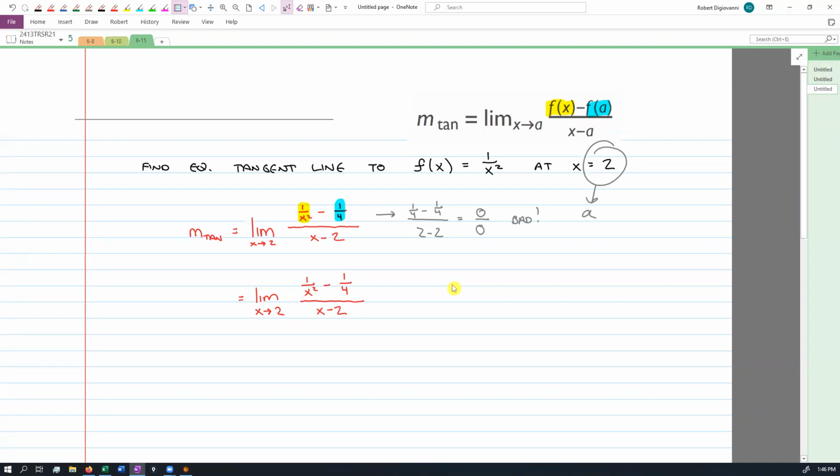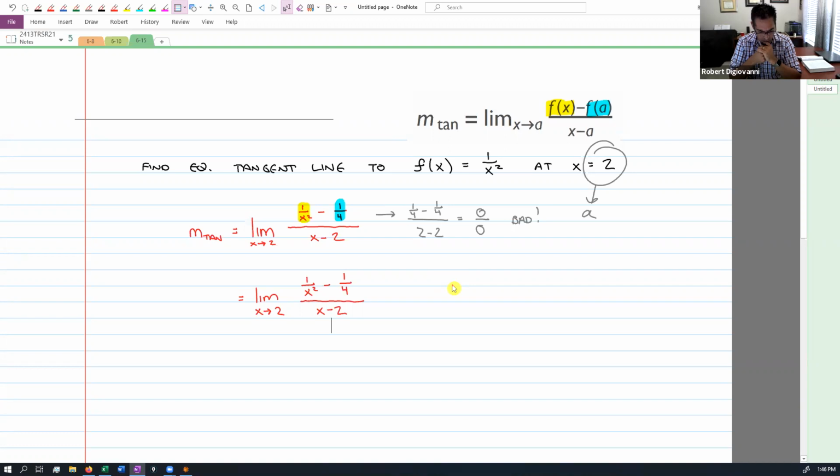I would try to get rid of the 1 over x squared. Okay, so how? By multiplying the numerator and denominator. What I think, you can correct me if I'm wrong: are you thinking of what we were doing when we were getting infinity over infinity, and then we would come in with something on the top and bottom to make the highest power of x go away? Is that what you're thinking?